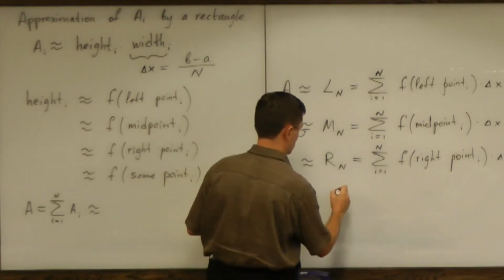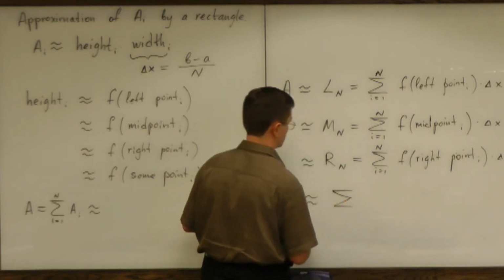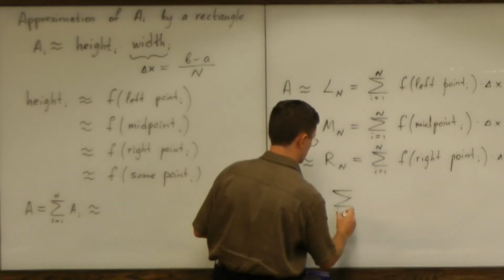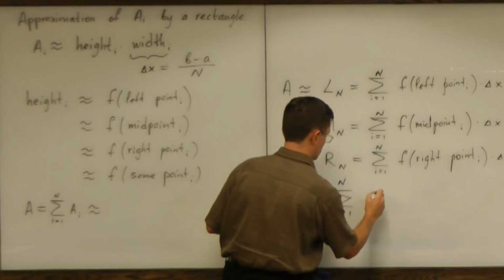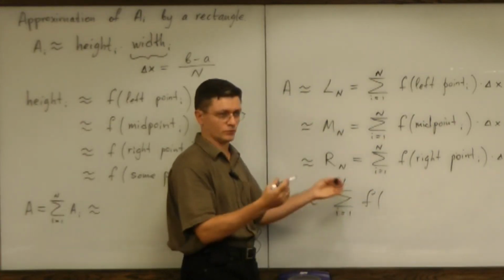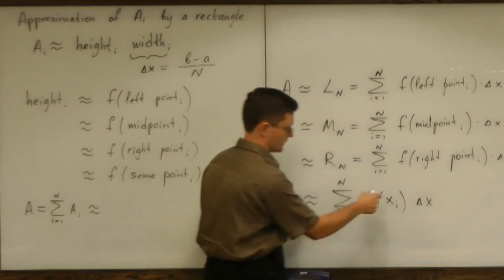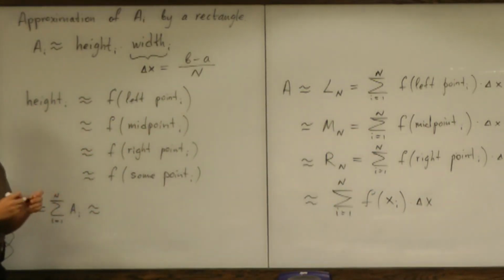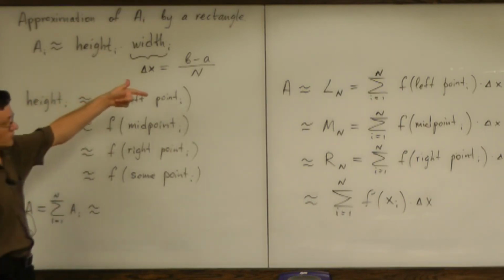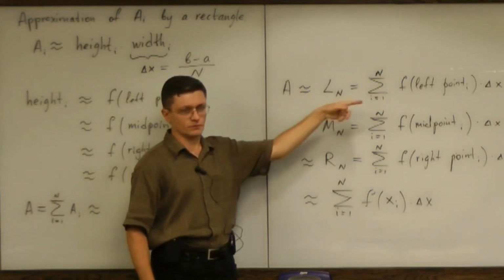Or in general, you may think of the sum of values at some point. We call it x_i times delta x, where x_i belongs to the ith interval. Alright, now we come to the point where the area is approximately equal to something.